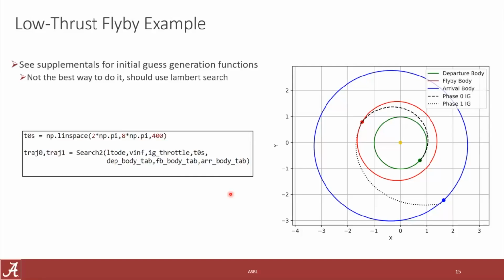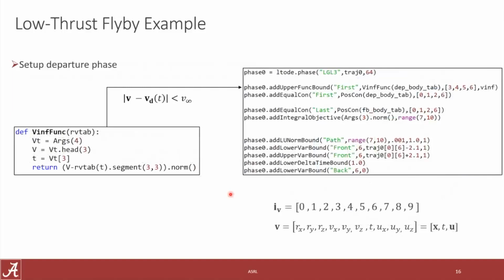So this is still just the initial guess generation. We haven't interfaced with phases yet, because each phase needs an initial guess trajectory. We still need those for patching these together. So this is a way of generating these black dotted line initial guesses. Now we'll move into setting up phases and any relevant constraints.